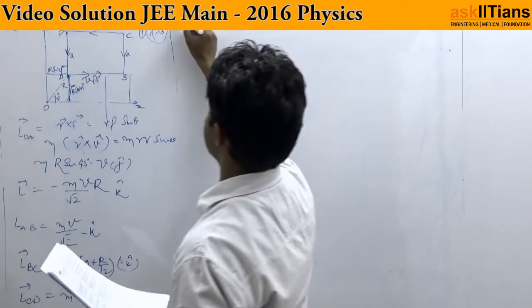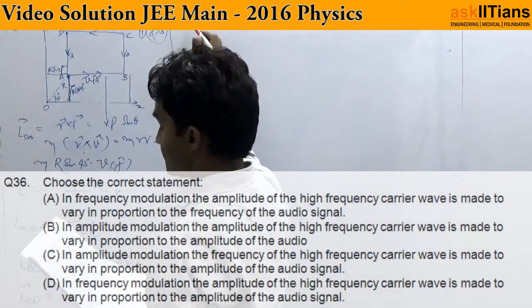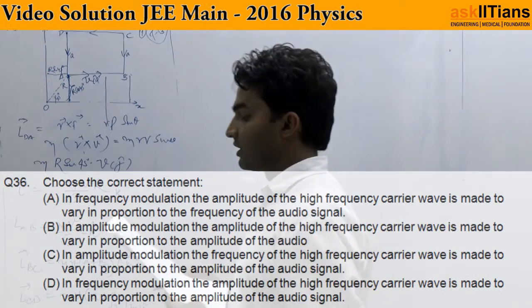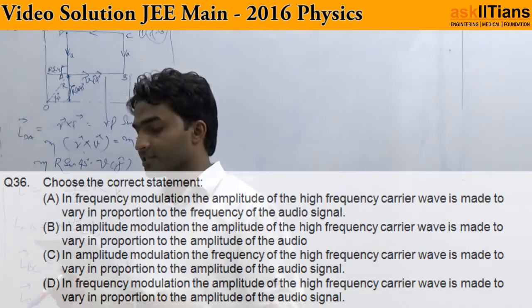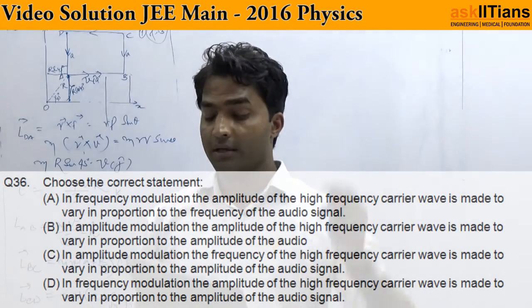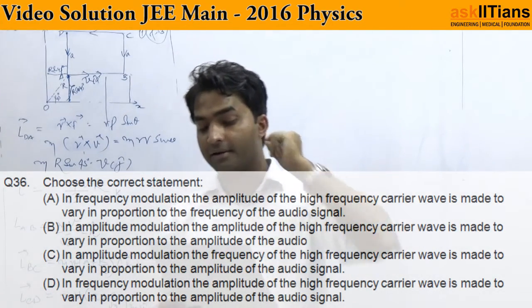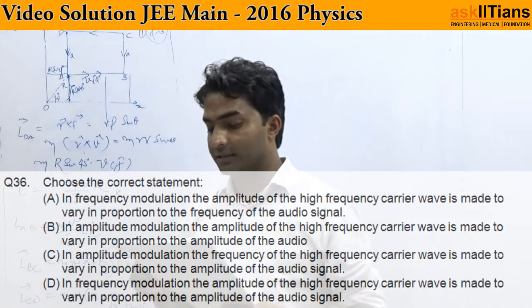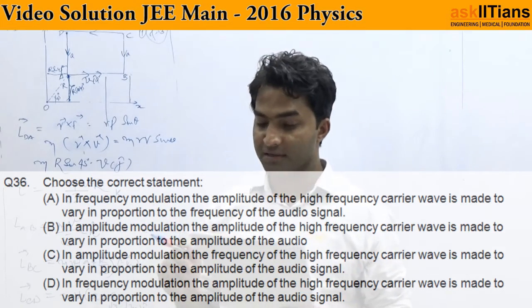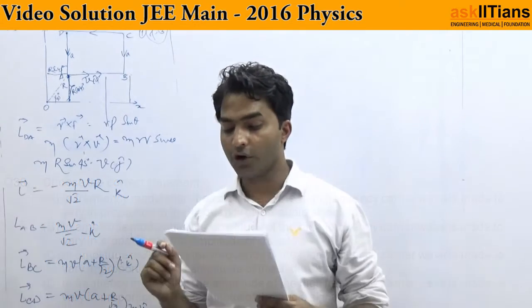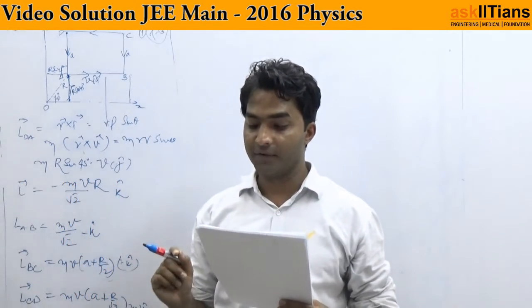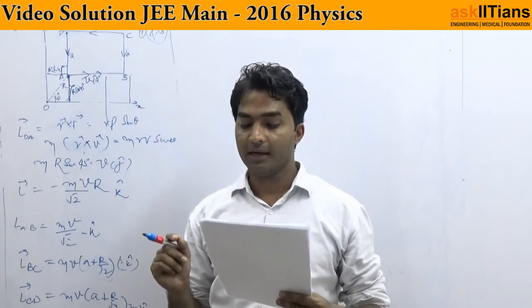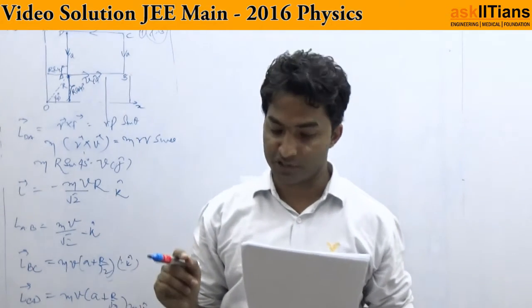Now question 36. In question 36 we are asked to choose the incorrect statement, or rather the correct statement. This question is taken from semiconductor devices and communication in physics. There are 4 options. First, in frequency modulation, the amplitude of the higher frequency carrier wave is made to vary in proportion to the frequency of the audio signal.